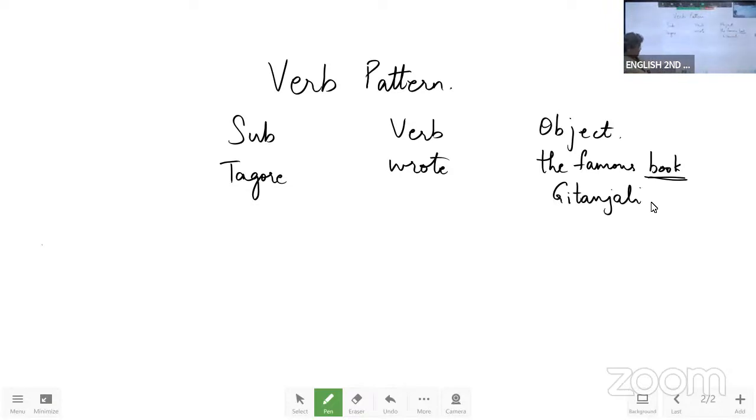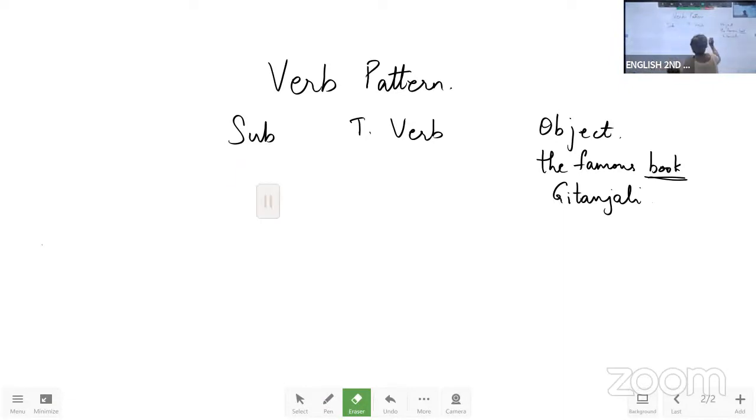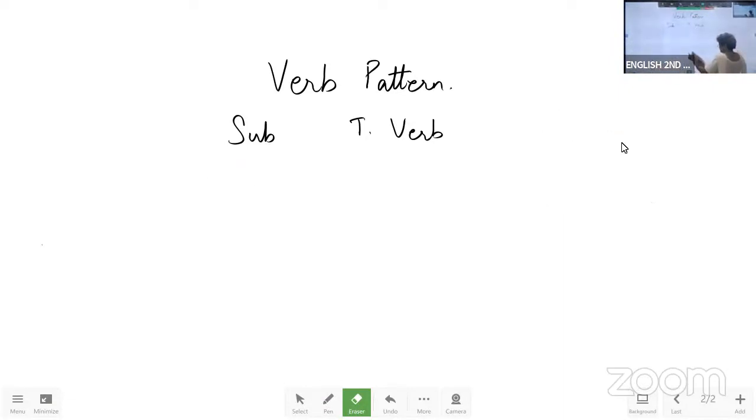Understood, children? Next, transitive verb and adverbial. Subject, transitive verb, then object, adverbial.